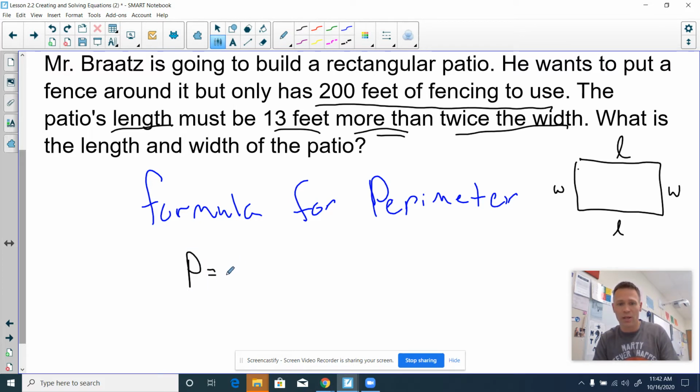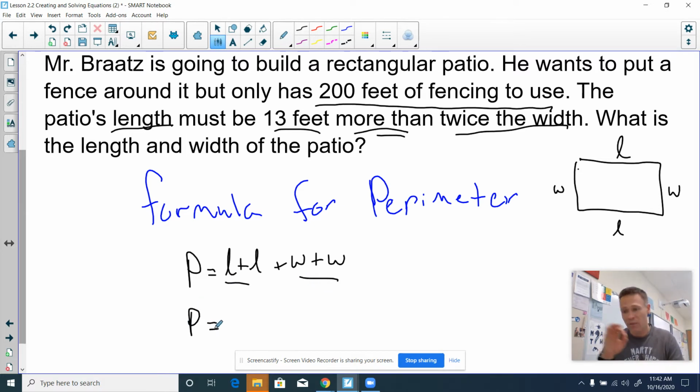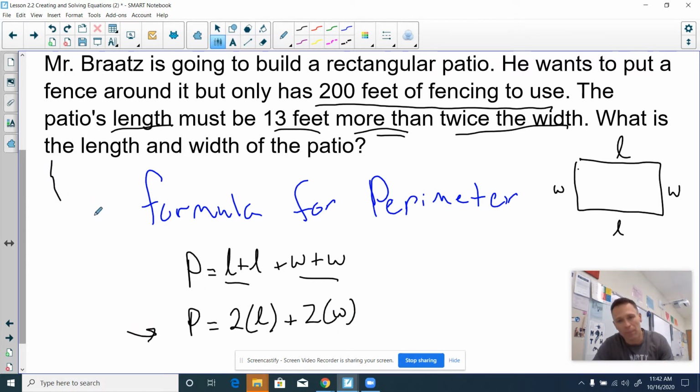It could be L plus L plus W plus W. However, I can simplify that and combine like terms. The perimeter, specifically for a rectangle, is 2 times the length plus 2 times the width. We're going to get back to that later, and we will answer this question at the end of the video. But that's just where we're headed today.